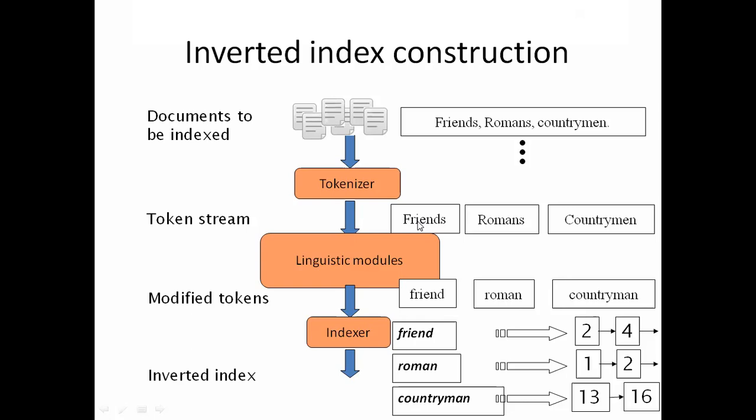Another thing here, anyone can say what changes are there? If you see this, token stream: friends, Romans and countrymen. After that we are getting this modified token. See the change, what is the difference between token stream and modified token? One thing I already discussed, plural to singular.